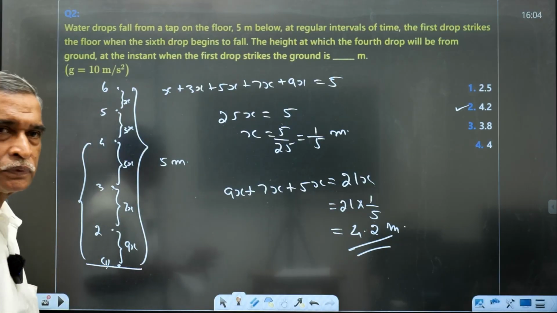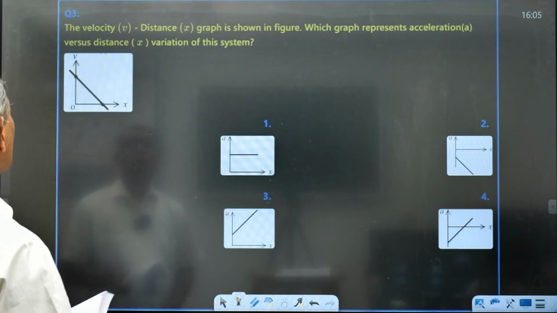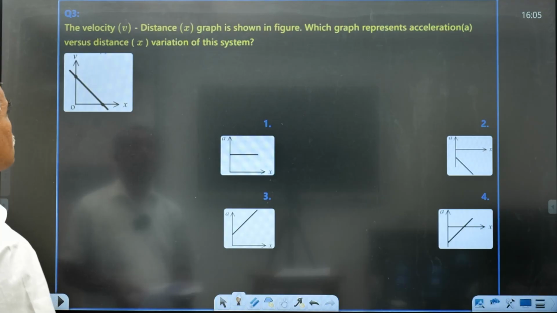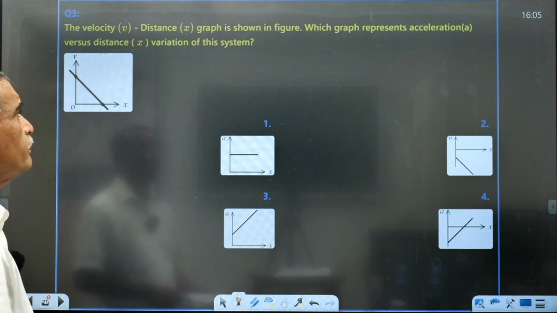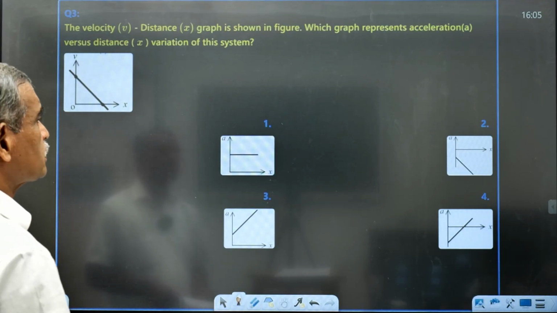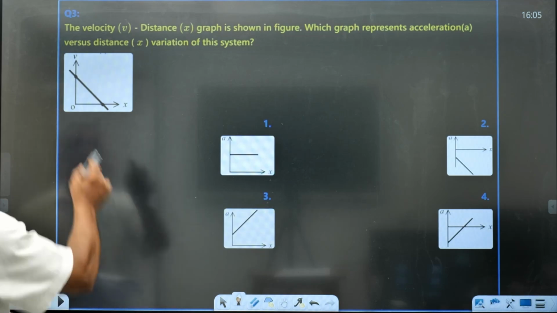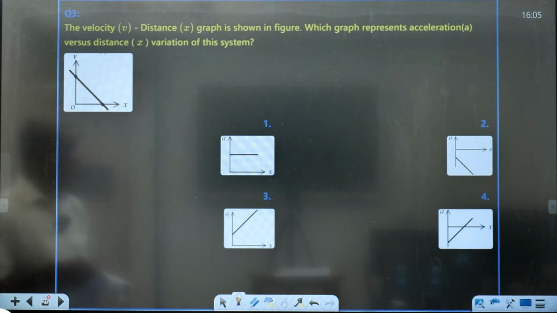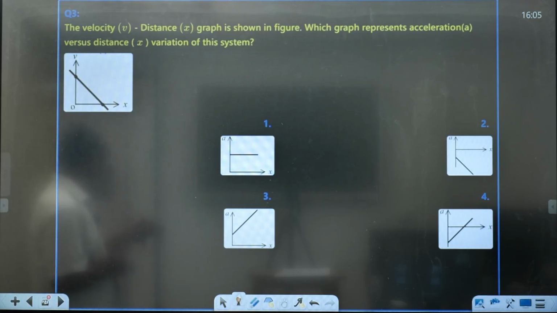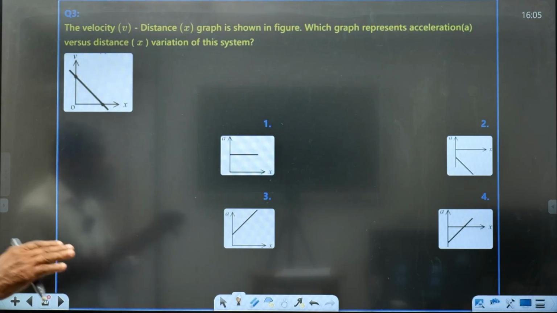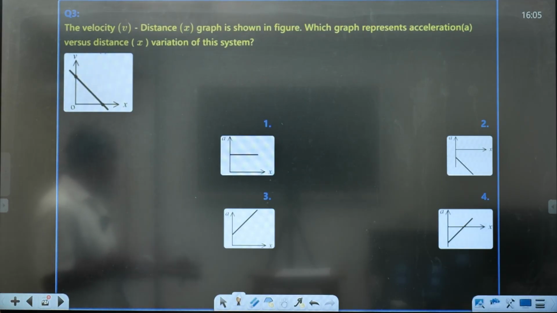Okay. Velocity v versus distance x graph is shown in the figure. The graph represents the acceleration versus distance x variation of the system. Now we are given the velocity-x graph. You can see there is a straight line with a positive y-intercept and negative slope.